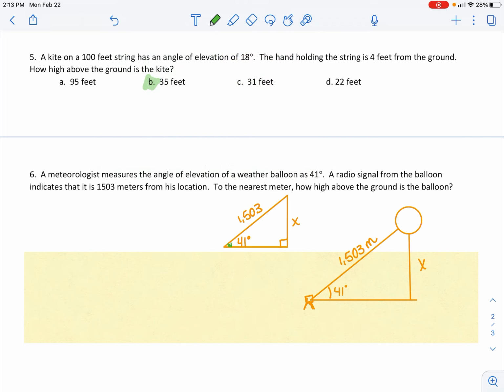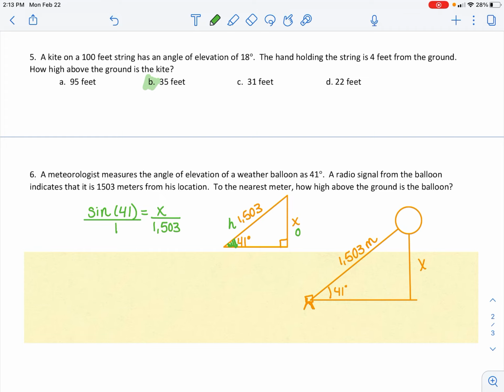So in relationship to this 41-degree angle, we have the opposite side and we have our hypotenuse. So if we have opposite and hypotenuse, we are using sine. So we're going to say the sine of angle 41 is equal to our opposite over our hypotenuse.